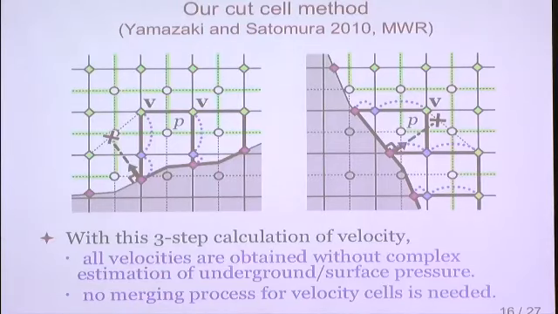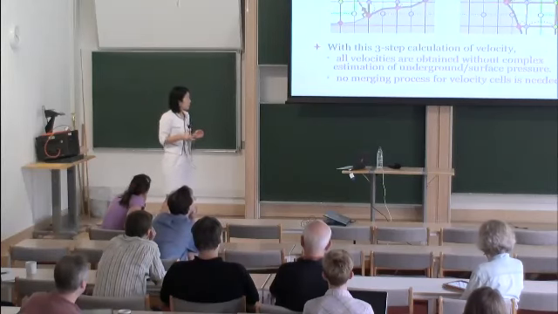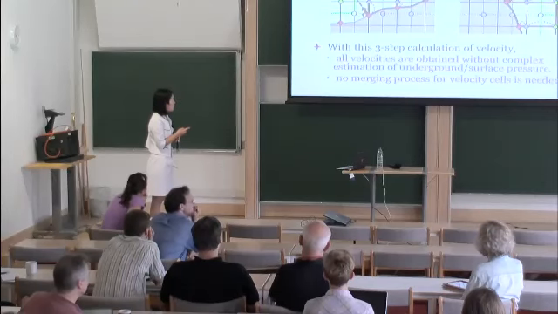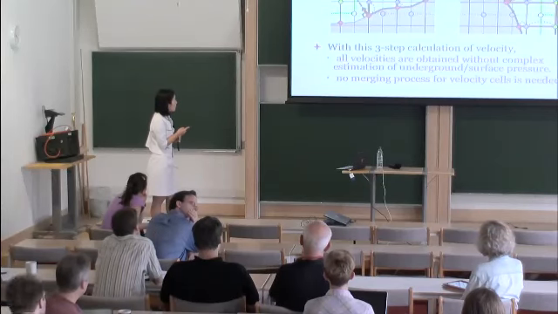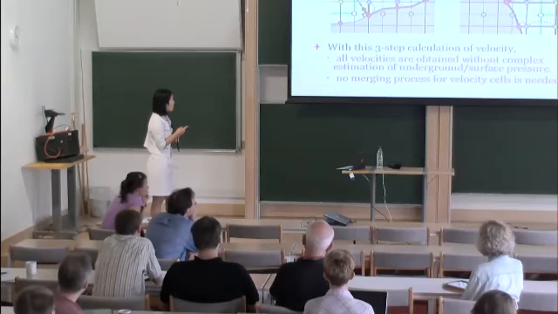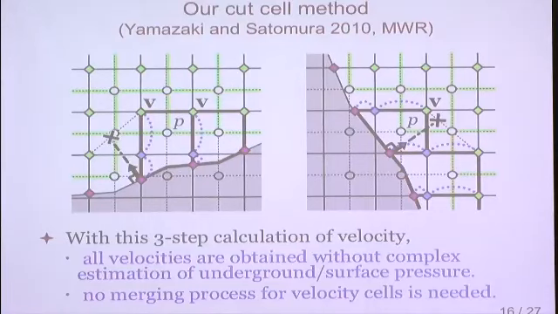So it's like a combination of sort of staircase for velocities and cut cells for pressure, but still all these velocities on the topography are calculated depending on the angle of the topography. It's not cut cell calculation, but not the staircase. So in between, I think.